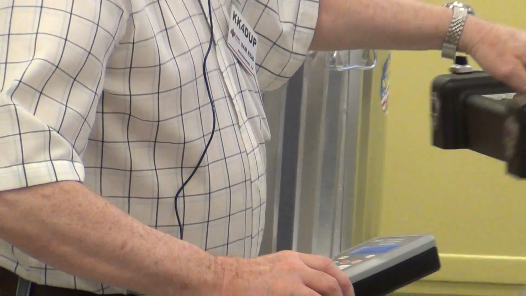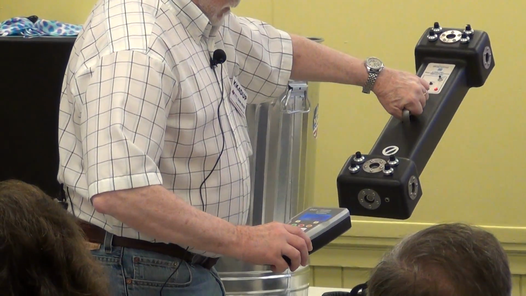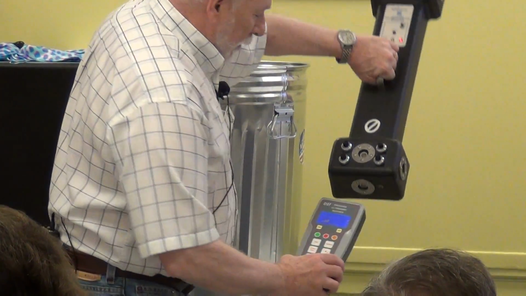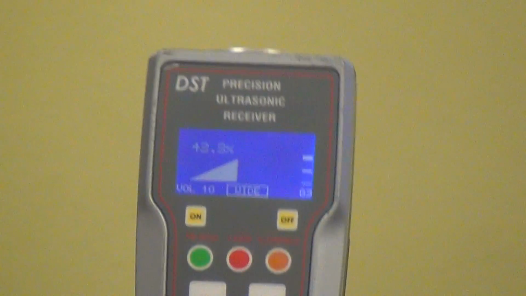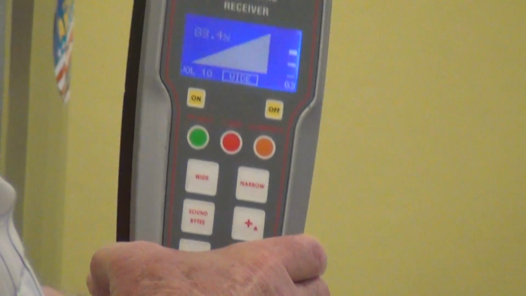There we go. So this one is working. I don't know if you can see the display. You can see this little bar graph display jump around over here. Can everybody see that? Okay.